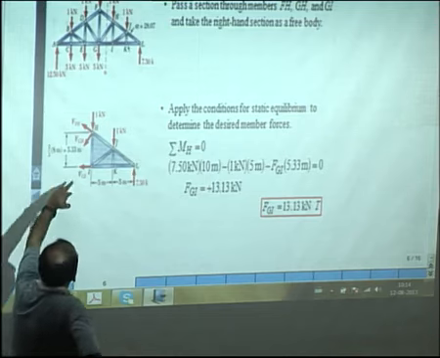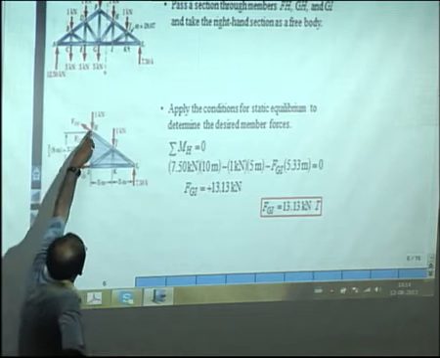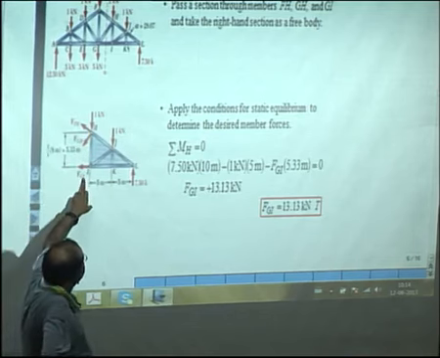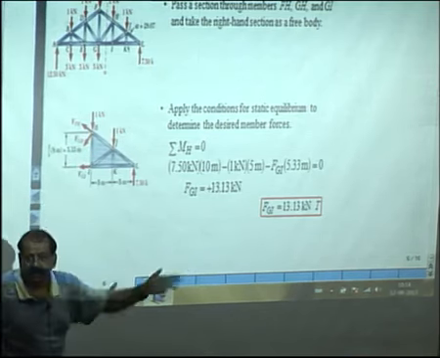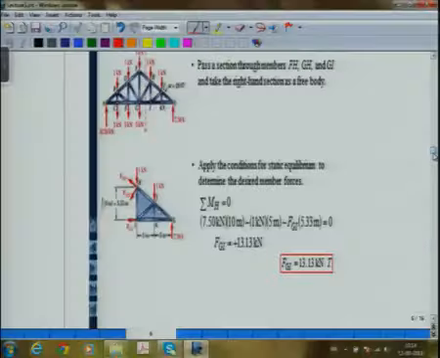To find this, first we take moments about H equal to 0, that gives us the force in GI. If it is positive, that means it's tensile, if it is negative, then it will be compressive.